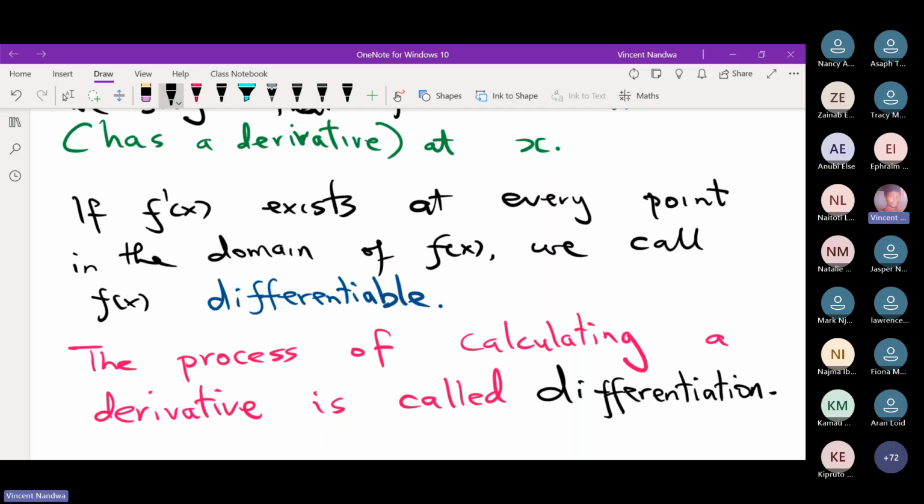So differentiation is a process of computing or calculating derivatives.